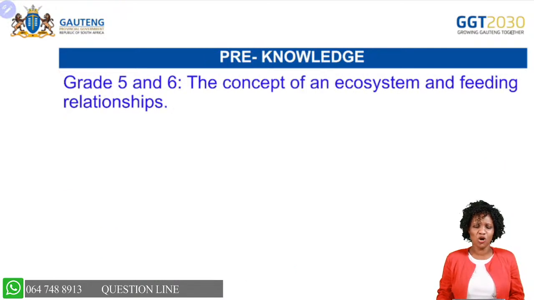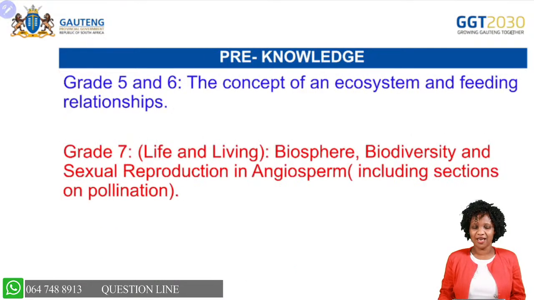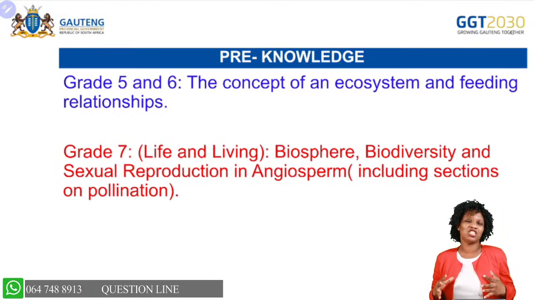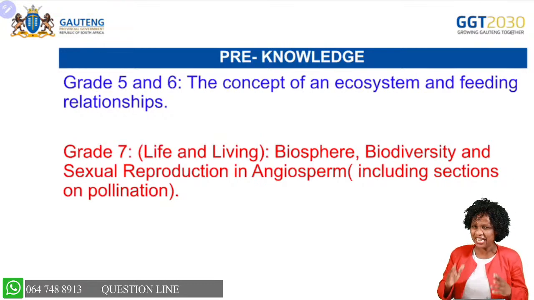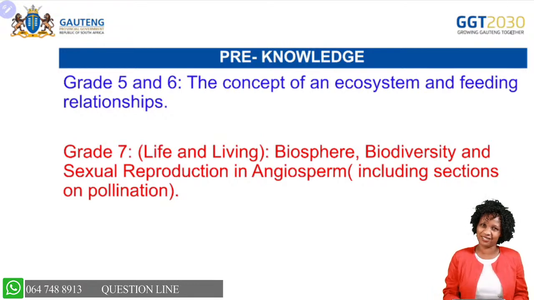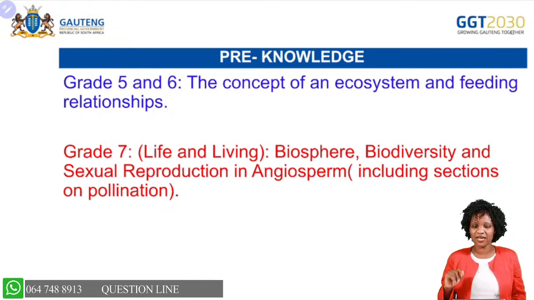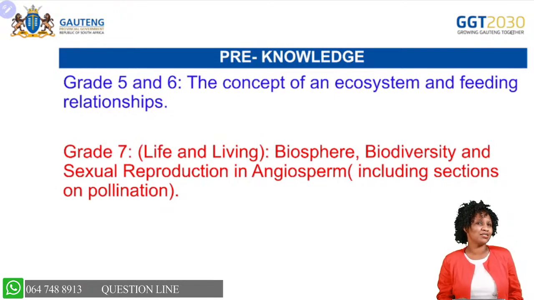Then pre-knowledge. What do you think pre-knowledge is, grade 8? This is the knowledge that we already have. Remember when you were in grade 5 and 6, what did you learn, grade 8? You did the concept of an ecosystem and feeding relationships. And then, what about in grade 7? Remember, you did life and living.